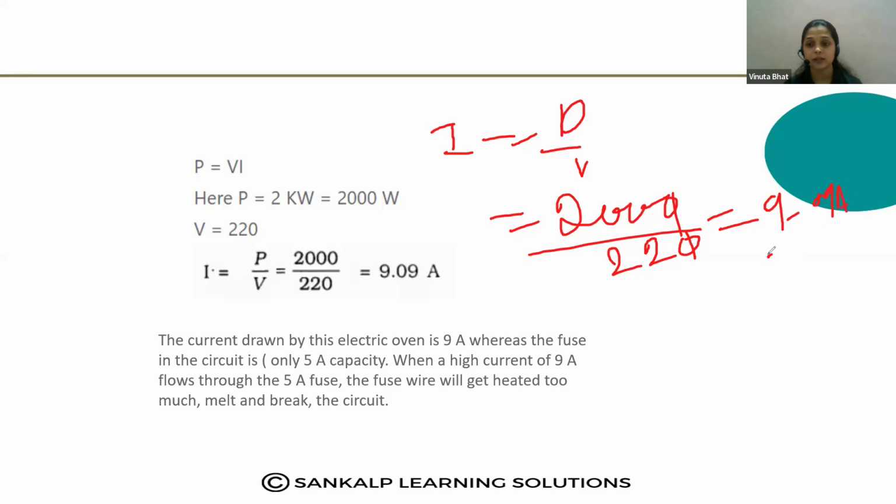So the electric oven draws about 9 ampere current, but the capacity of the circuit is only 5 ampere.